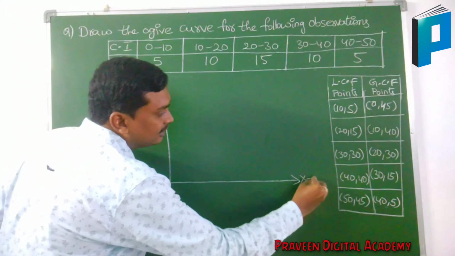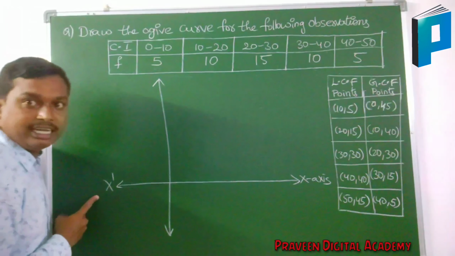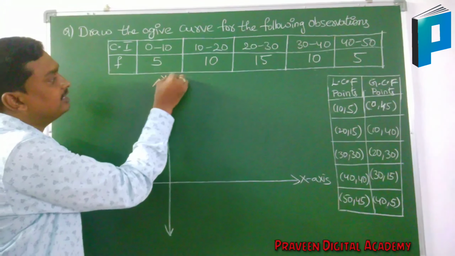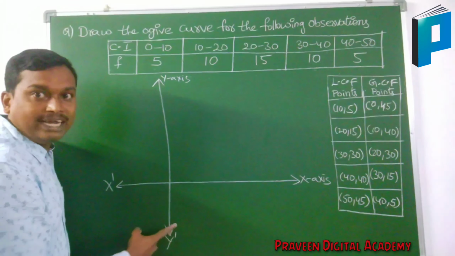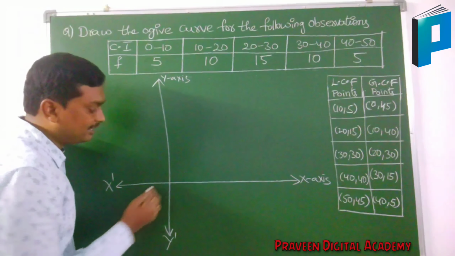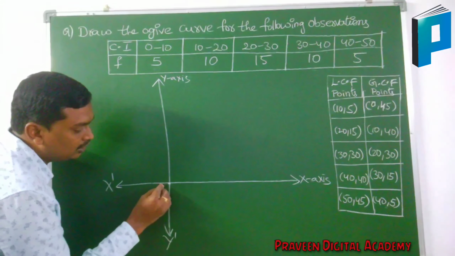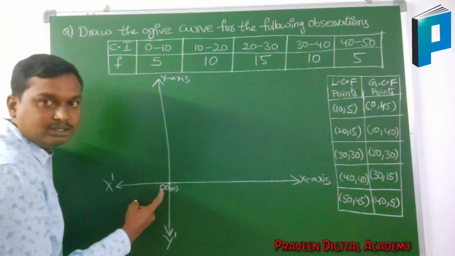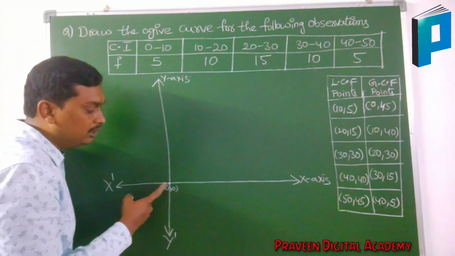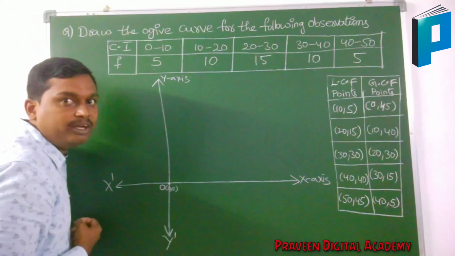This is the positive x-axis and this is the negative x-axis, this is the positive y-axis, and here is the negative y-axis. Where the x-axis and y-axis meet is called O. The coordinates are 0, 0, and we will call this the origin.